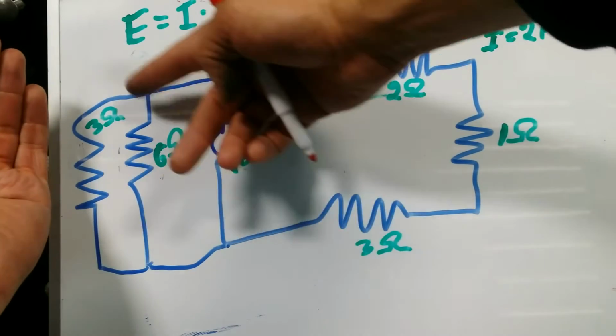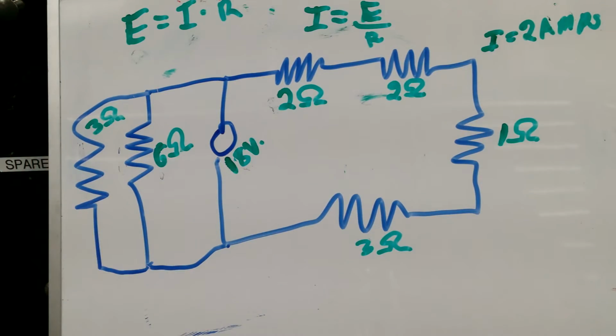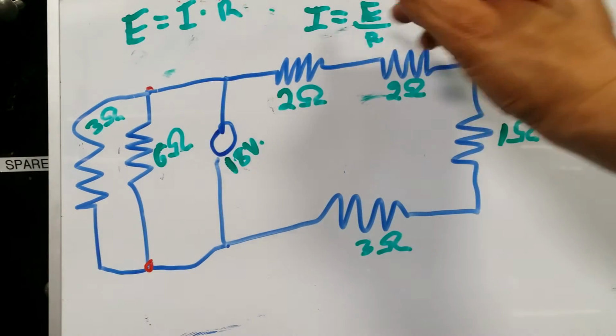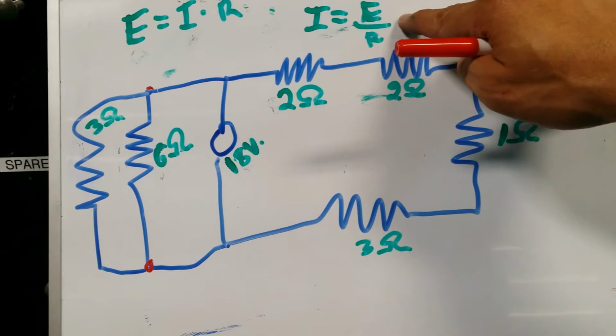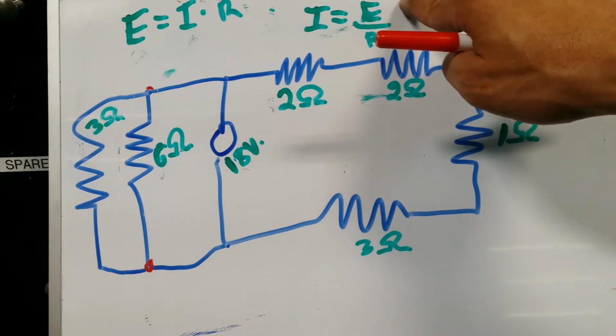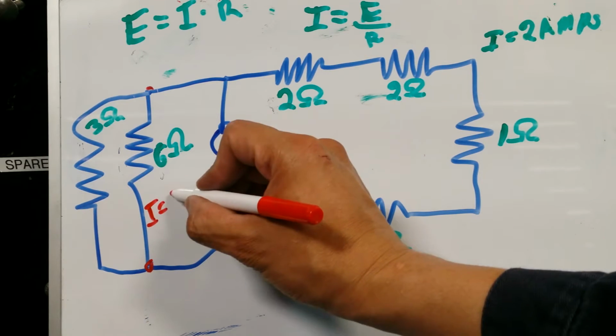Also, it is hooked directly across the resistor all the way at the left. So if I got 18 volts from this point to this point, 18 volts will go on top according to this formula, and 6 will go at the bottom. So 18 divided by 6 gives me a current of 3 amps.